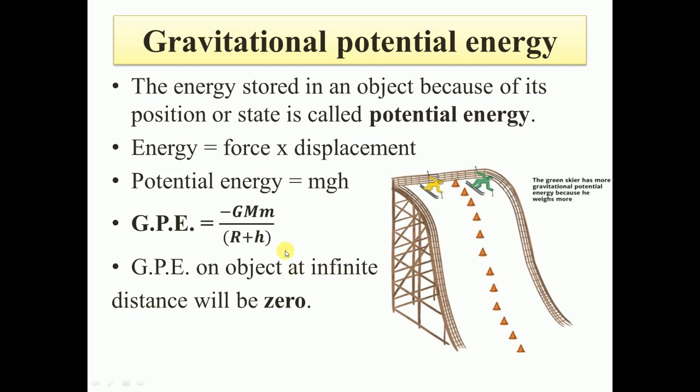So the value of g will decrease. If the value of g decreases, the gravitational potential energy will also decrease. And when you go to an infinite distance away from the earth, the value of g will become 0, and so the gravitational potential energy will also become 0.